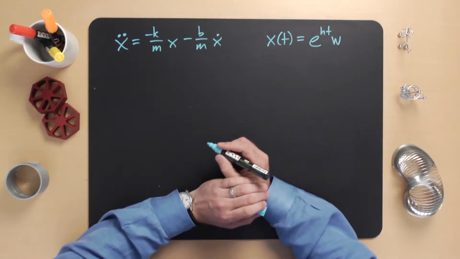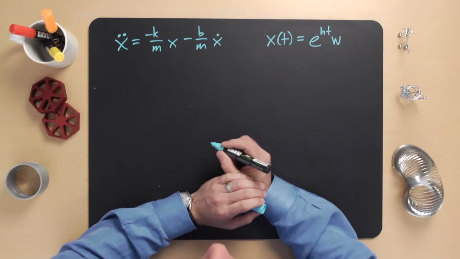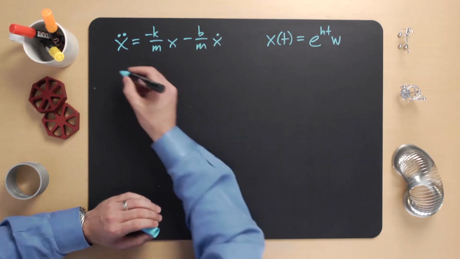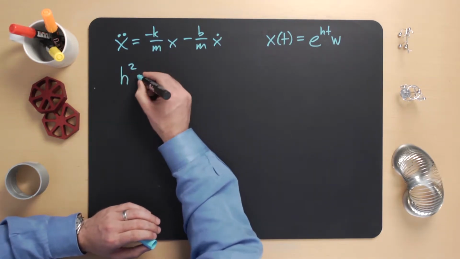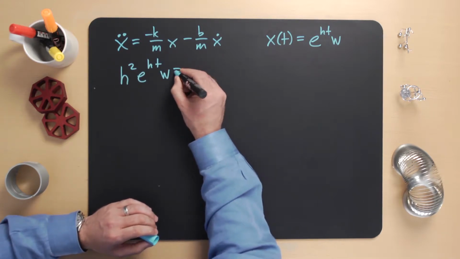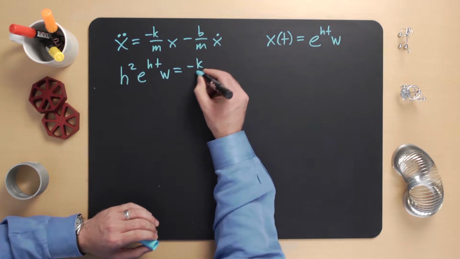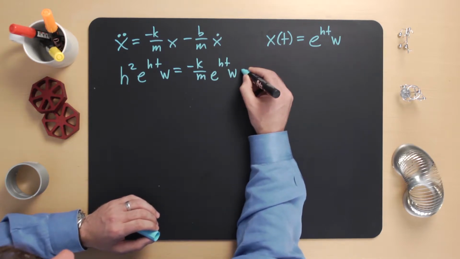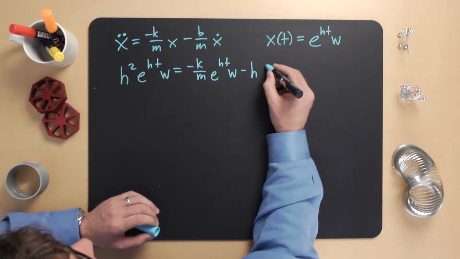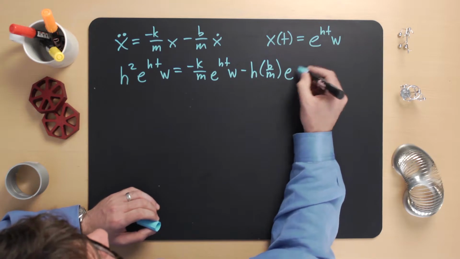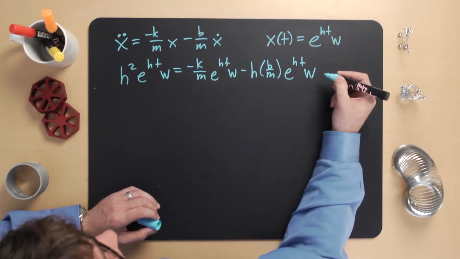If we plug this solution into the differential equation above, and keeping in mind it is in second order form with two time derivatives of x of t, we get h squared e to the ht times w is equal to minus k over m e to the ht times w minus h times b over m e to the ht all times w.